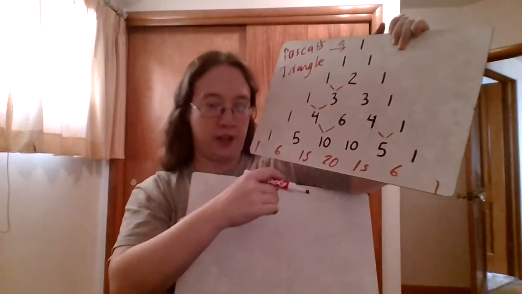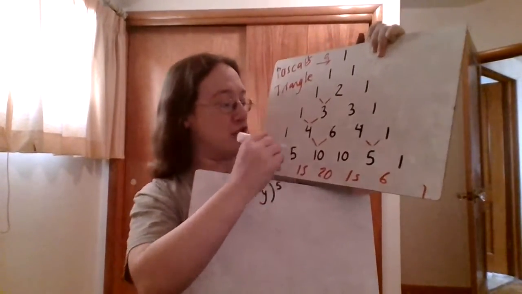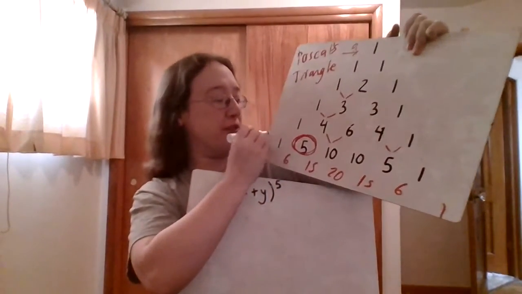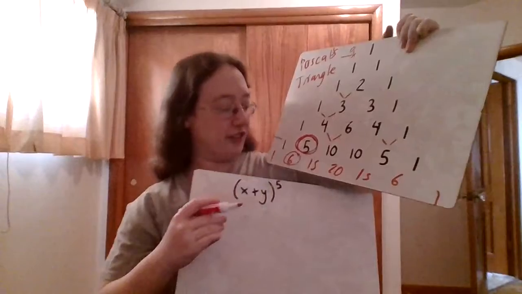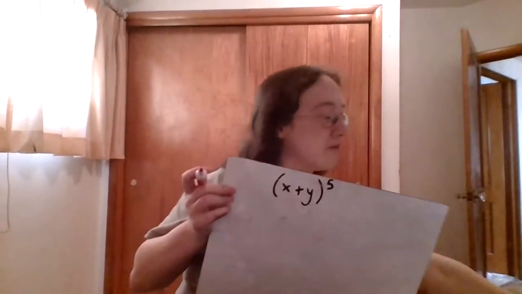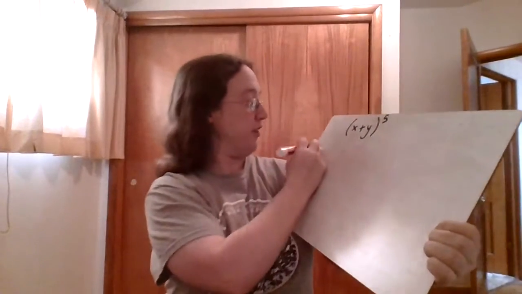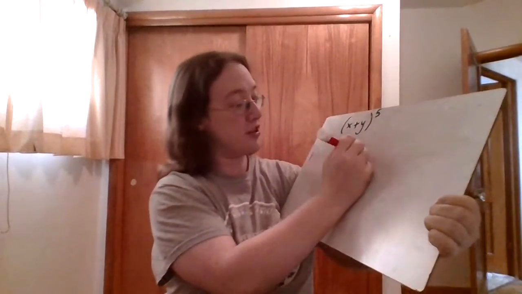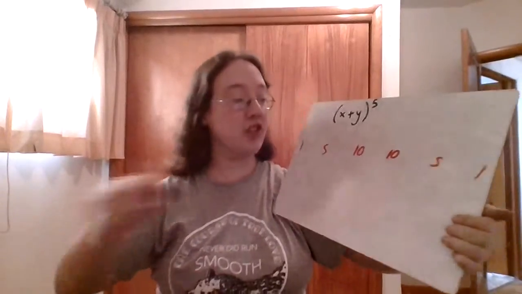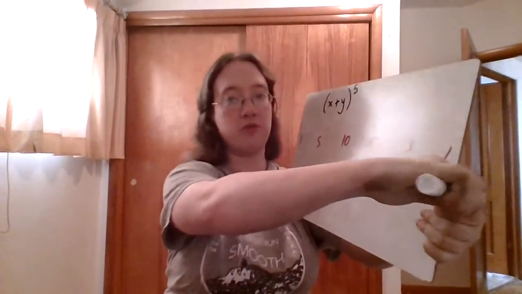And if you get to like the 14th row and you're not sure whether the 14th or 15th, it should be the same as your second number here. So this is a 5, so this is the fifth row. That's a 6, so that's the 6th row. So I'm going to take that 1, 5, 10, 10, 5, 1. And what those are going to do is those are going to be our coefficients outside of our terms.